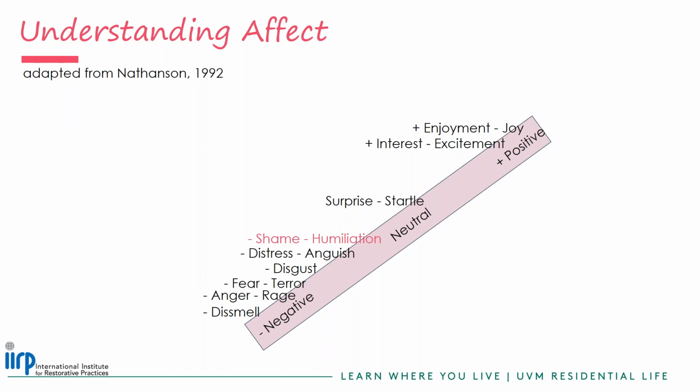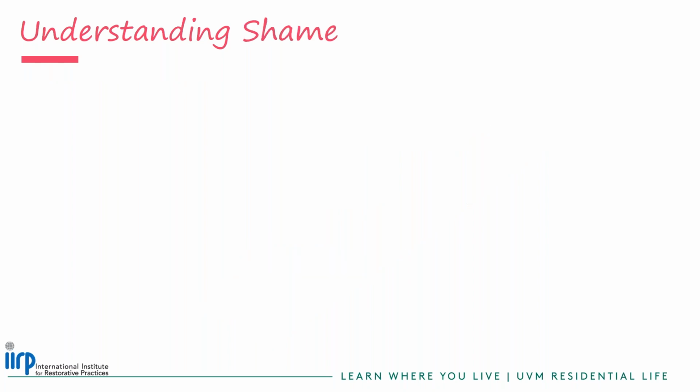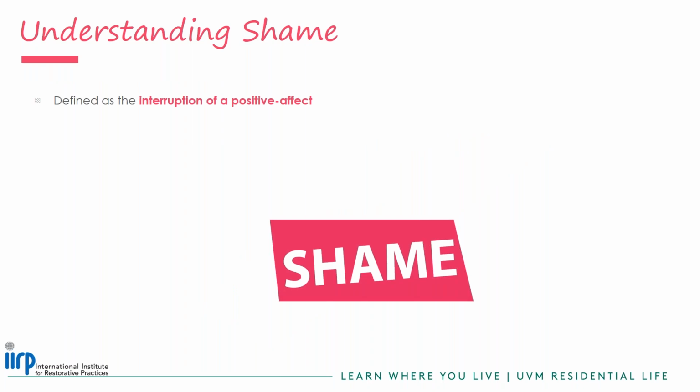Now, when you look at the slide, you may notice that shame and humiliation is in a different color, and that's because shame plays a different and very valuable role in understanding and managing the emotions of their residents, but also managing their own emotions, right? Shame is defined as the interruption of positive affect.